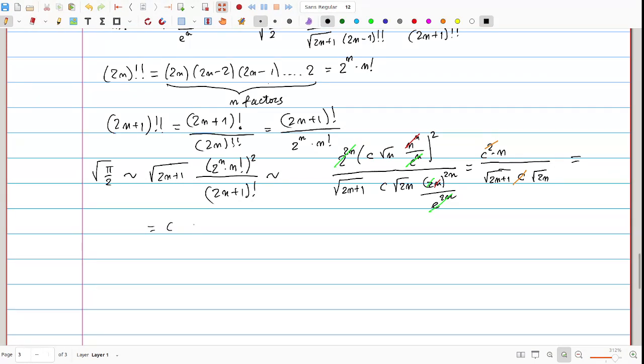This is C, and here we have n divided by the square root of, multiplying out, 4n squared plus 2n, but this is asymptotic to C divided by 2.